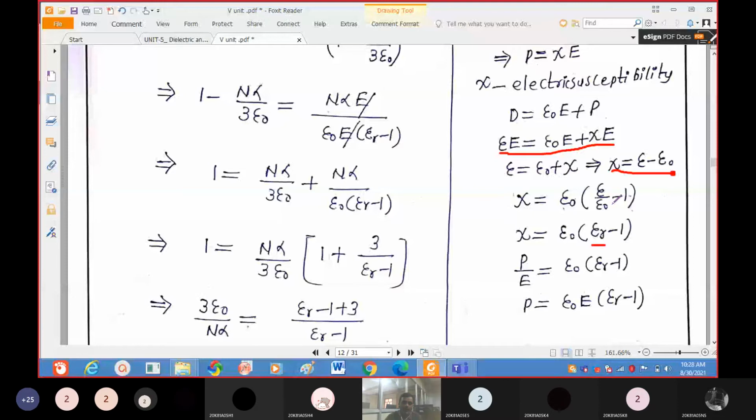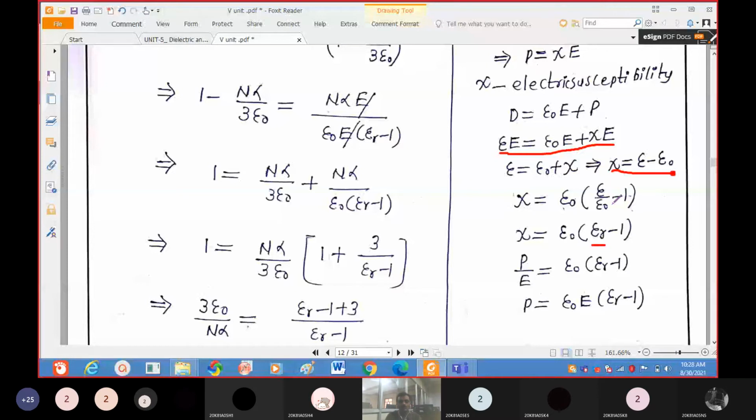Epsilon r, the relative permittivity, we also call the dielectric constant. This is the relation between polarizability and dielectric constant. This is the Clausius-Mosotti equation.